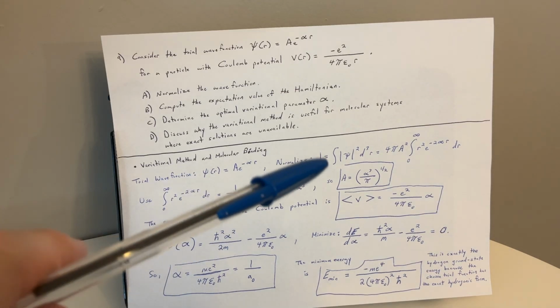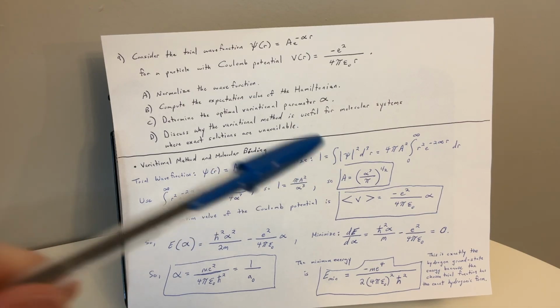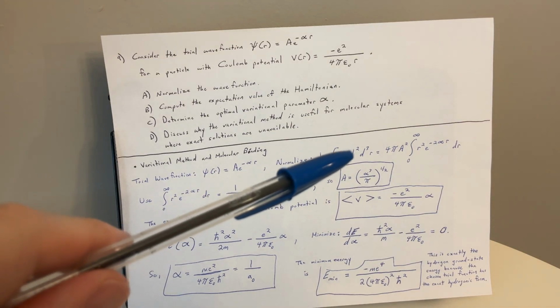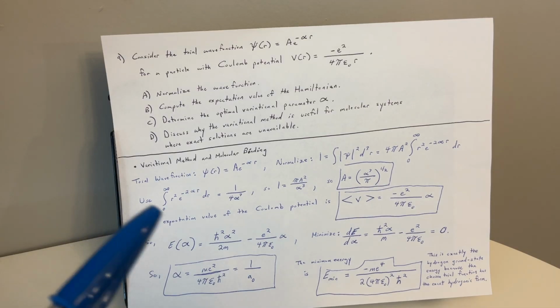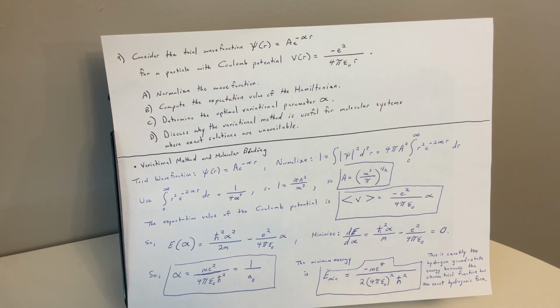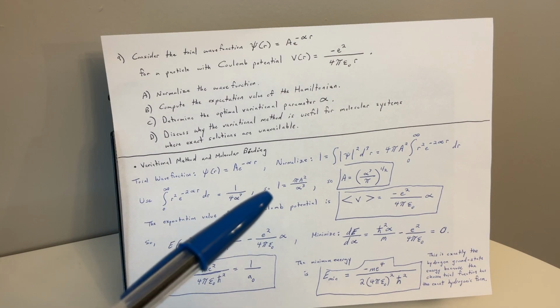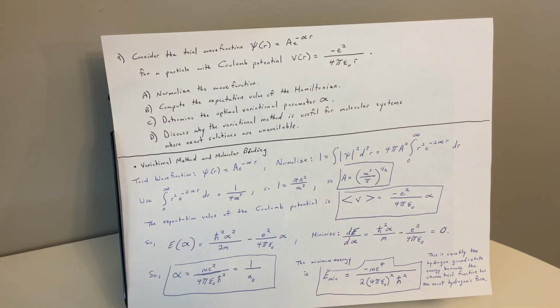We want to normalize this, setting it equal to 1. 1 equals the integral of magnitude psi squared d cubed r, equals 4 pi A squared, integrated from 0 to infinity of r squared e to the negative 2 alpha r dr. So if we use the integral from 0 to infinity of r squared e to the negative 2 alpha r dr equals 1 over 4 alpha cubed, we could say that 1 equals pi A squared over alpha cubed. So our A is going to equal the quantity alpha cubed over pi, to the 1/2.